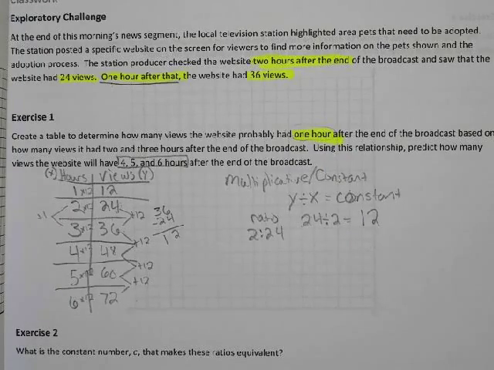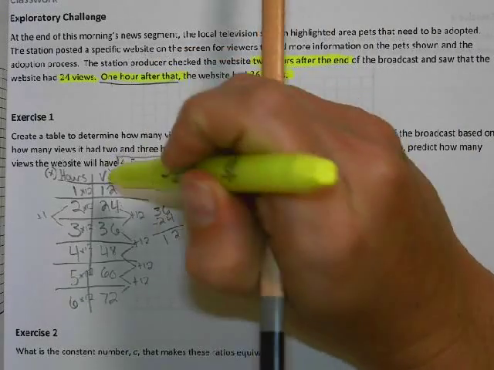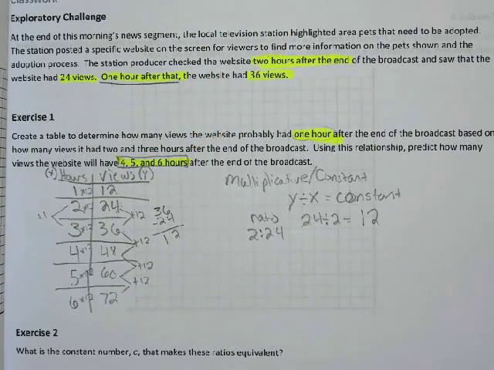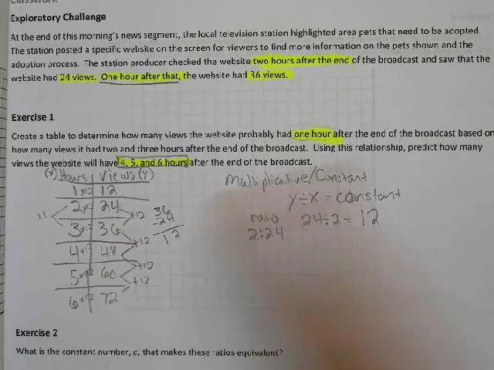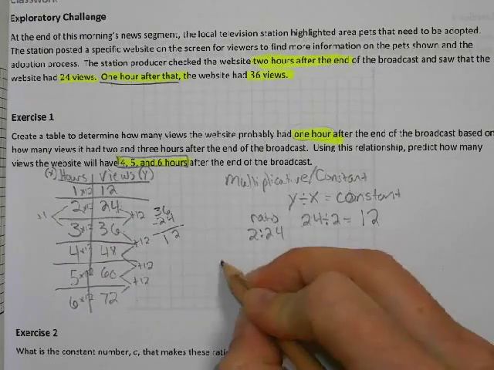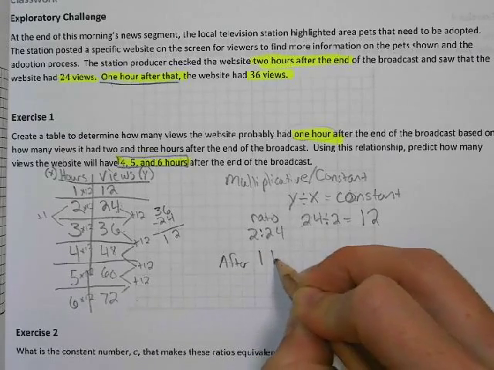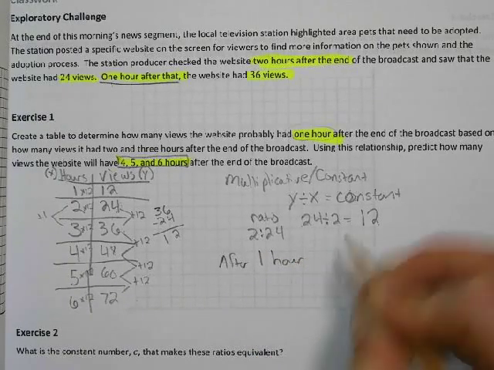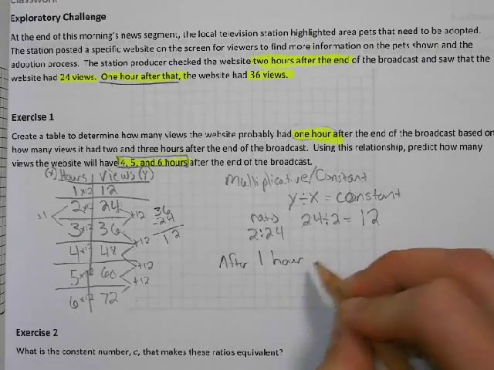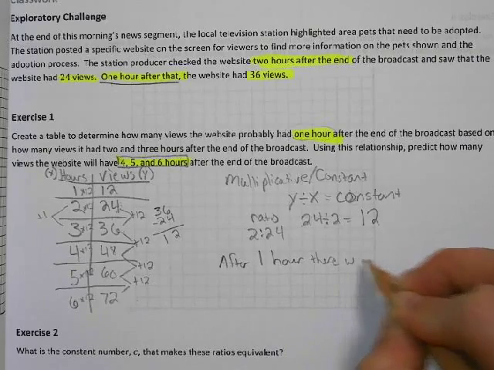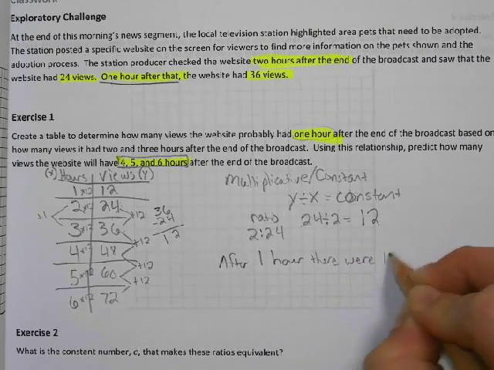So we want to make sure that we answer for those 4 ratios that we found on the table. And you could write them as ratios or in sentences. I'm going to write them as one long sentence. So after 1 hour, there were 12 views.